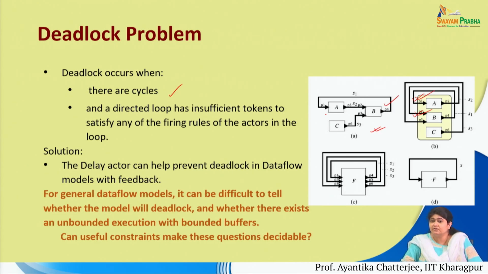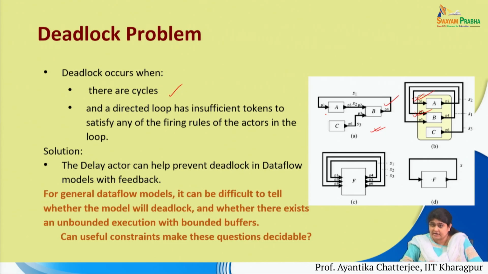It is important to handle that deadlock. Also, it is important to handle this unbounded execution with our bounded buffer scenario. And for that, as we were mentioning, we need some scheduling policy.